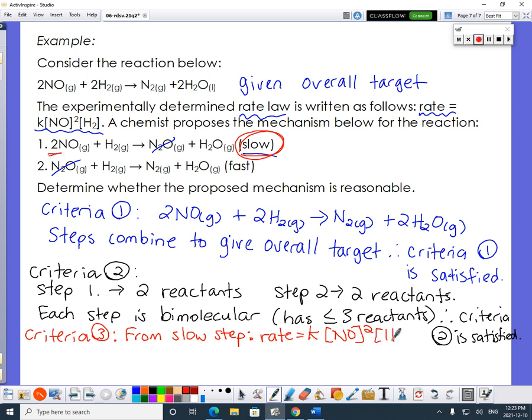And H2, and its exponent is 1, not 0. Does that match the rate law we're given? NO squared, H2 to the power of 1. It sure does. Okay?